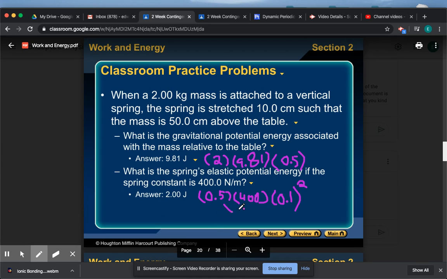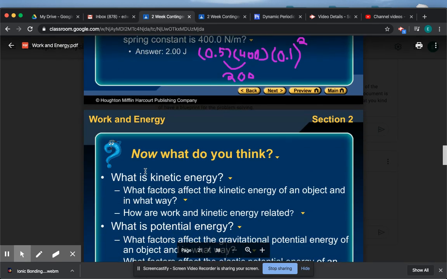So this part right here is going to give you 200. And then you do 200 times 0.1 squared. And that's going to give you 2. Okay? So this 9.81 comes from this, and 2 comes from this. You plug in your numbers, and that's what you end up getting. And that's for elastic. Okay?